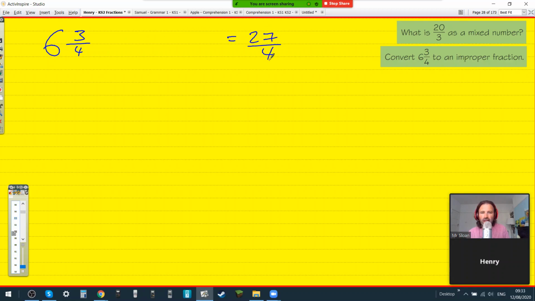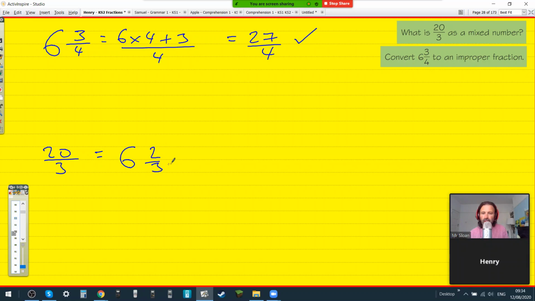And then working the other way, any idea what 20/3 would be as a mixed number? Or how you do that? 6 wholes and 2/3.